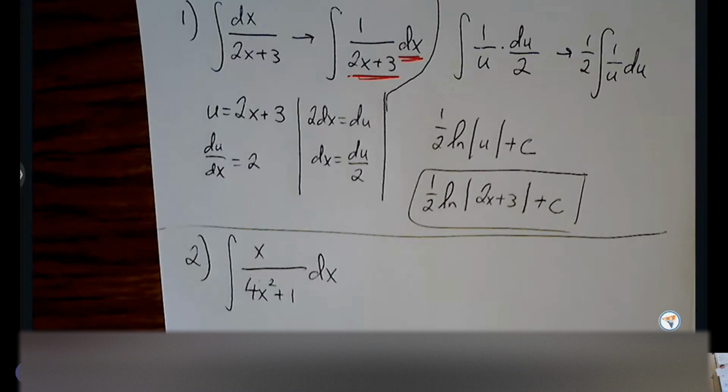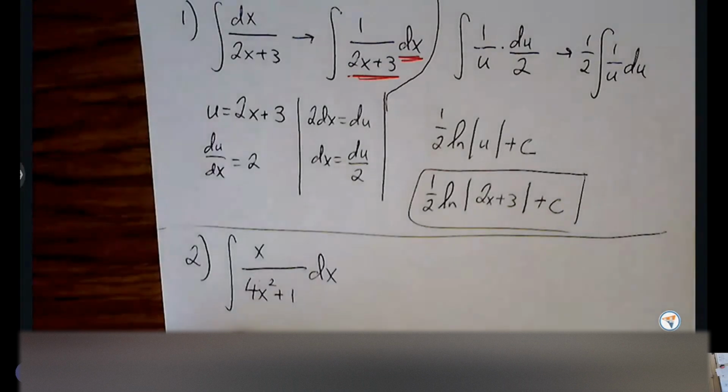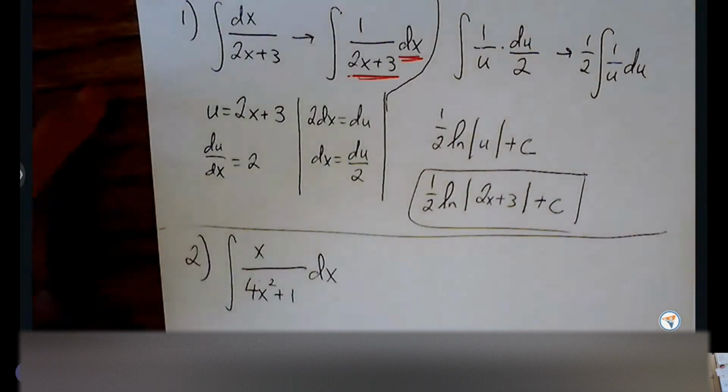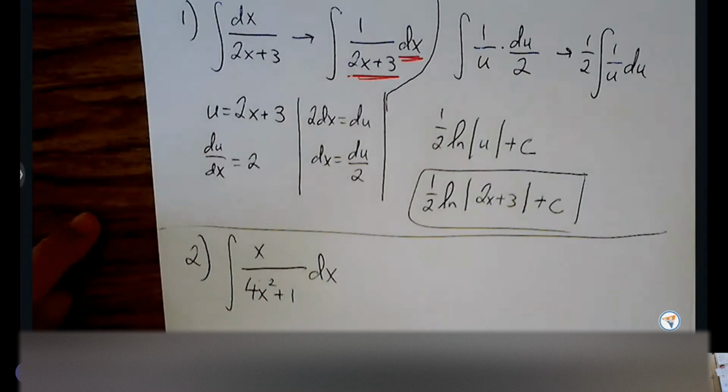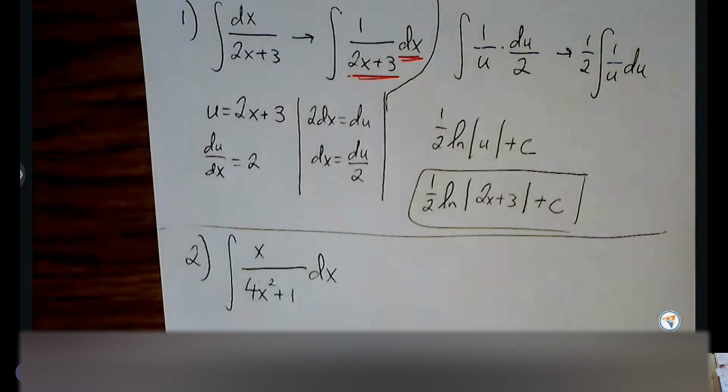All right, number 2, expansion, rearrange. Okay, very similar to number 1. We can't do anything with that denominator with so many terms, so u substitution. What's our u value? 4x squared plus 1. Yeah, very similar to number 1.